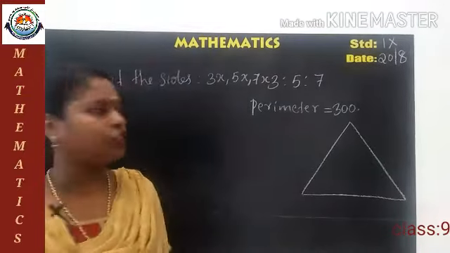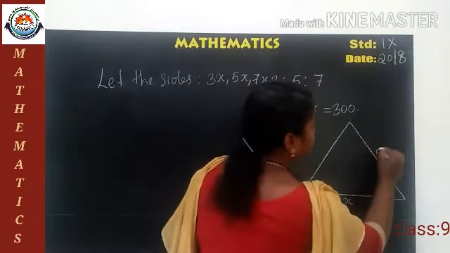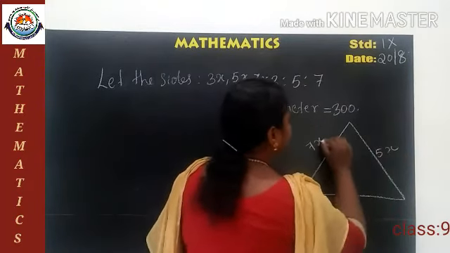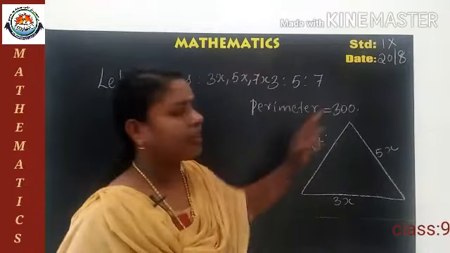Therefore, we can assume that the sides will be 3x, 5x and 7x. Okay, so perimeter is 300.